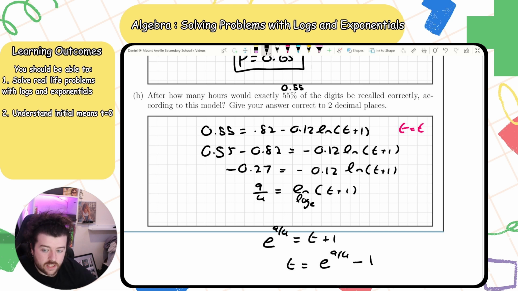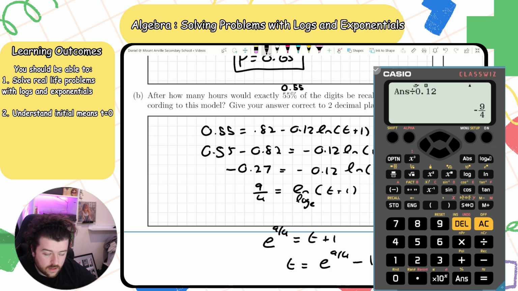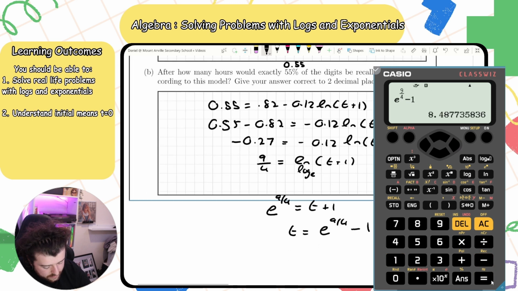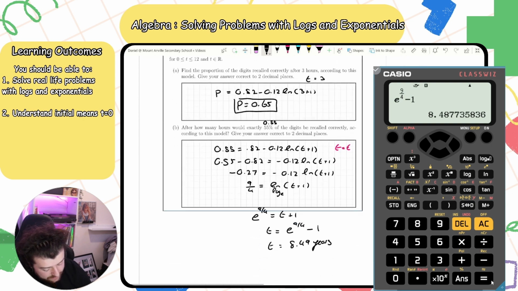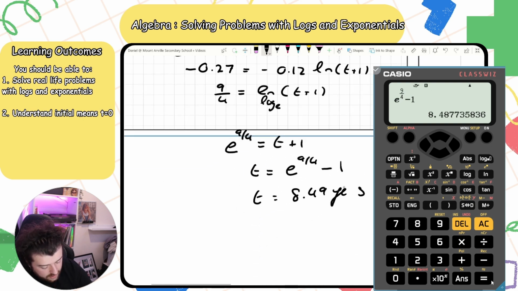And if you put that into our calculator, ladies and gentlemen, e to the power of 9 over 4 minus 1 equals, t is equal to 8.49 hours.